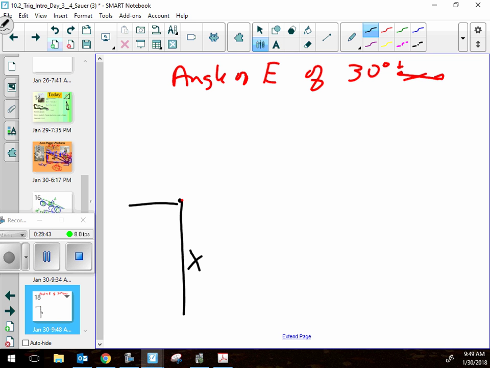Now I'll pause for a minute and let you digest that. I'm looking up at a plane from here, at an angle of elevation of 30 degrees, what's the height of the plane in terms of x? And you can ask me one more thing.